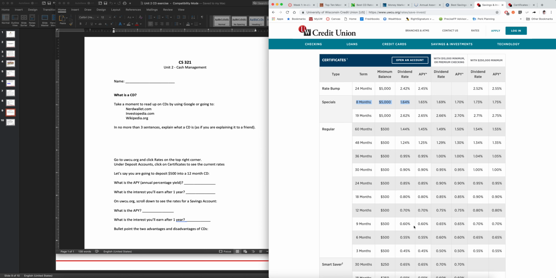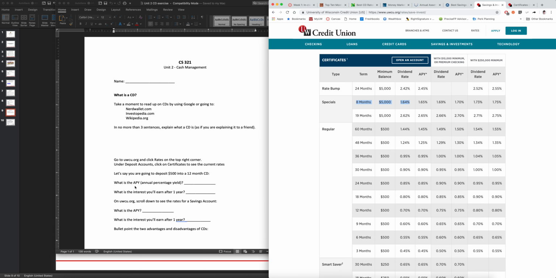And if you have $250,000 to invest, they'll jump it up to 0.7. Well, why would anybody buy this 9-month CD right now when you could use this 8-month CD and get a significantly higher rate of return? Anyhow, but that's not what your worksheet's asking about.